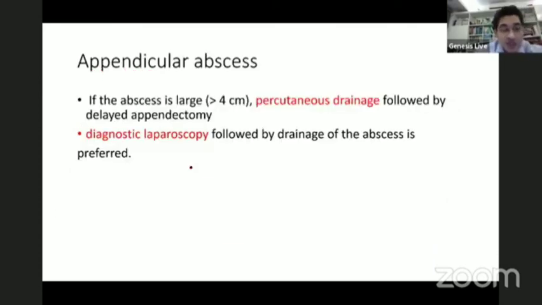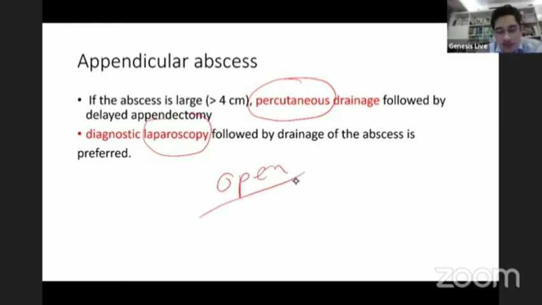Okay. If it's an appendicular abscess, let's say we get an appendicular abscess, what do we do? Remember, whenever you get an abscess in your body, it must always be drained. The pus cannot be there. Whether you do it in a percutaneous manner, or do a laparoscopy, or do an open surgery, you have to take the pus out of the body, no matter where it is.